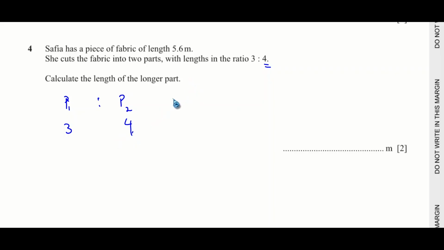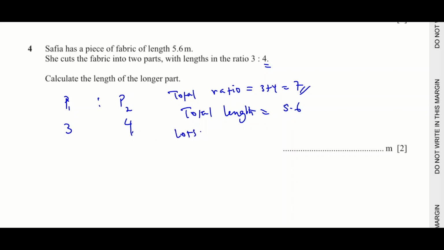So the total ratio is 3 add 4, that will be equal to 7, and then the total length is equal to 5.6. So the multiplier you could see here will be 5.6 over 7.